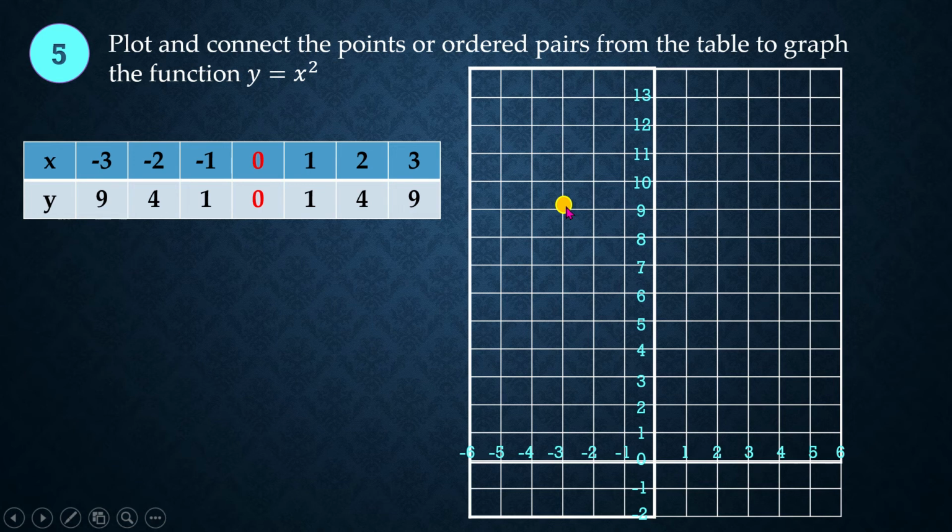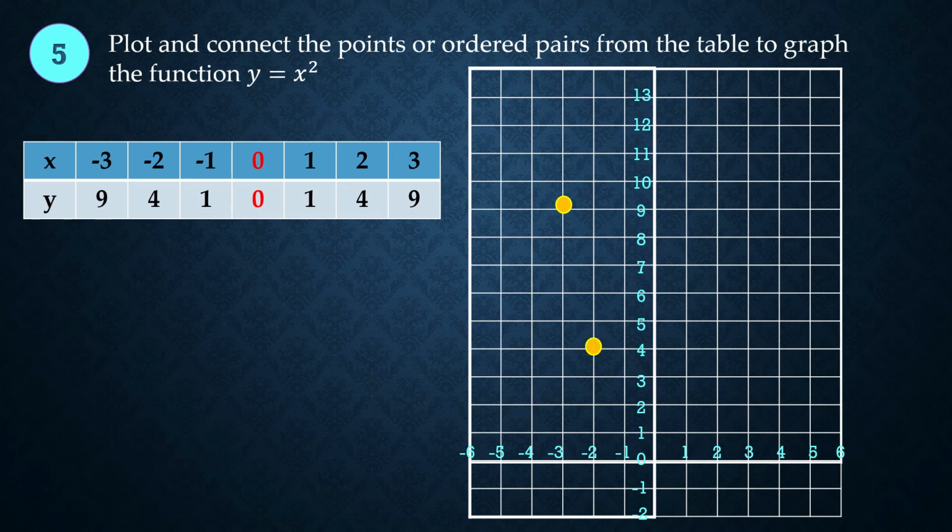So the pairing of x and y is their intersection. That point, the first yellow point. So that is how plotting goes. The x and y are paired. The second pair is negative 2, 4. X is negative 2, then y is positive 4. So there, you locate it.